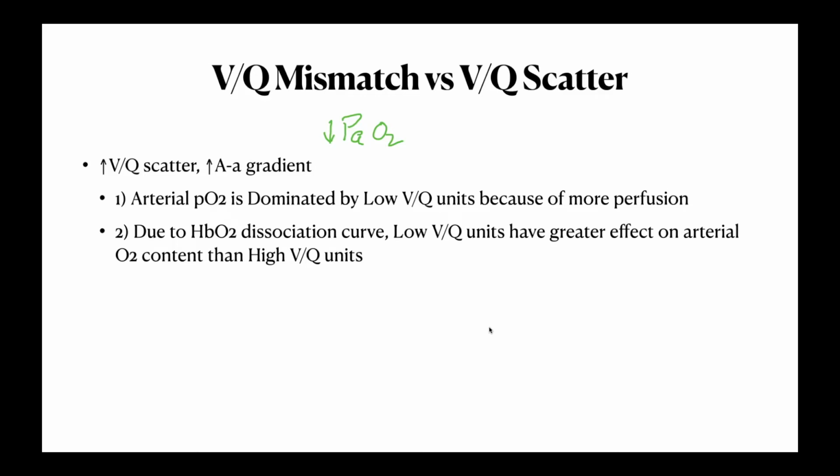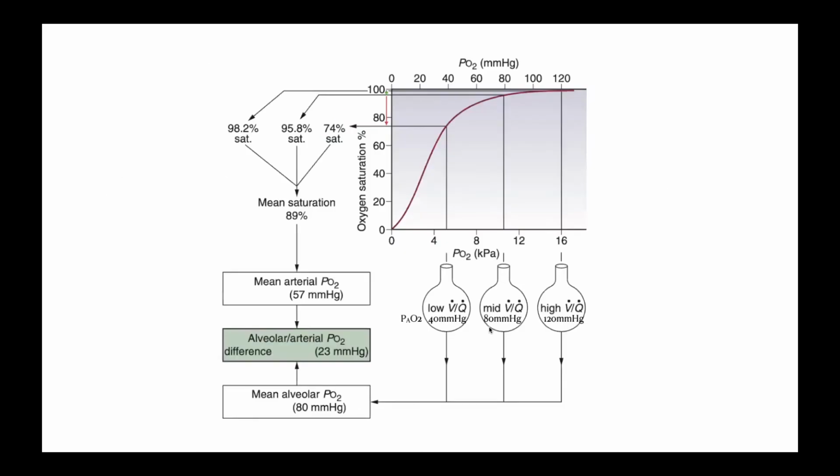All right. And I'll explain that to you in the next slide. And then the other thing also is that due to the hemoglobin oxygen dissociation curve, so due to its shape, low VQ units will have greater effect on arterial oxygen content than high VQ units. And again, I think I'll explain that to you better in this slide here.